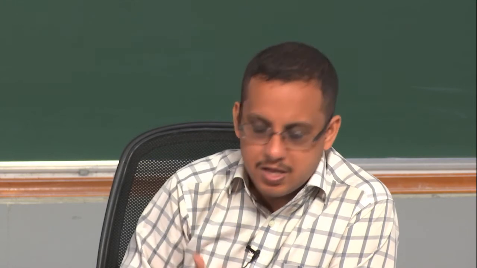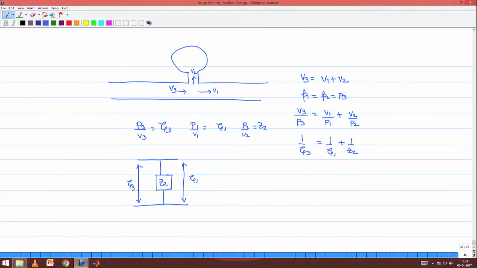So, the current is going to get divided, the voltages, which are the pressures, are going to remain the same, and the impedance that you are now seeing is effectively that of the equivalent circuit in which you have parallel impedances, right. So, the equivalent circuit for this case would be as simple as this.